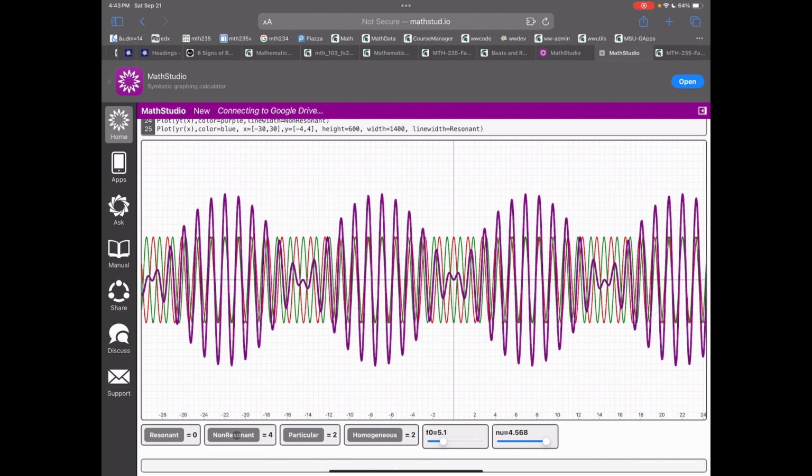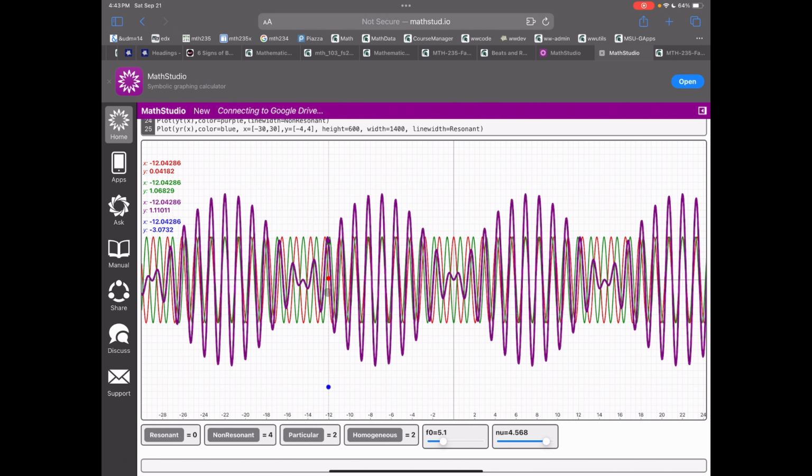This is what we see in the solution here. When both the green and red solutions have the same values, you have a large value for the sum. When they have opposite values, we get 0. And that happens forever. So we have this pattern of large amplitudes going to 0, large amplitudes going to 0.